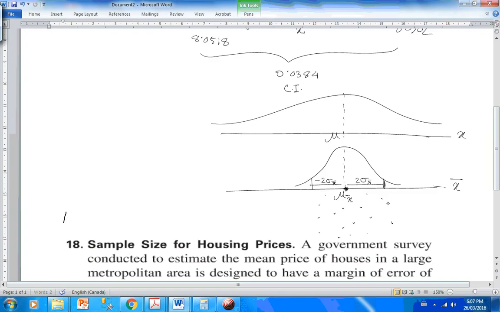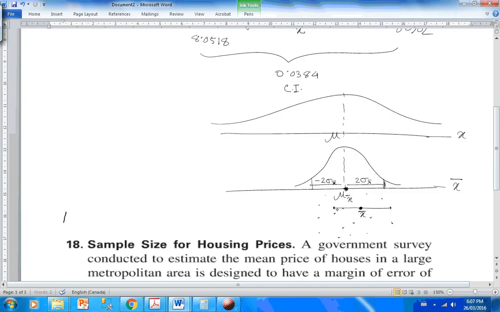That is the same thing as saying that 95% of all these x bars would contain the true population mean within plus minus 2 sigma of these x bars. It is just like saying that if this x bar is within plus minus 2 sigma of mu, then mu is also within plus minus 2 sigma of this x bar.